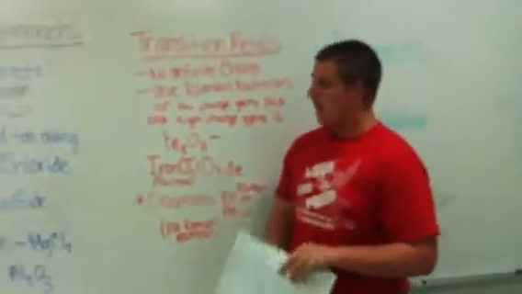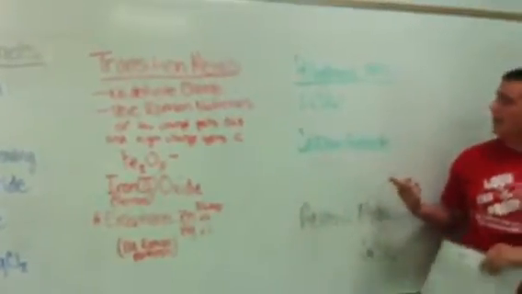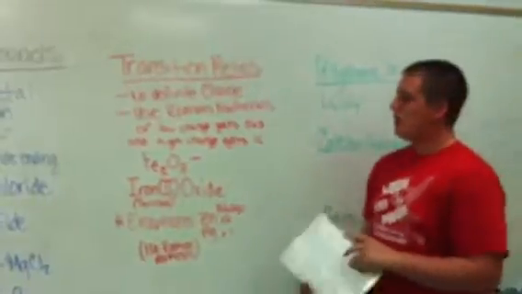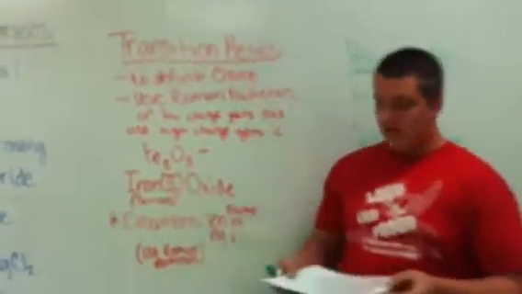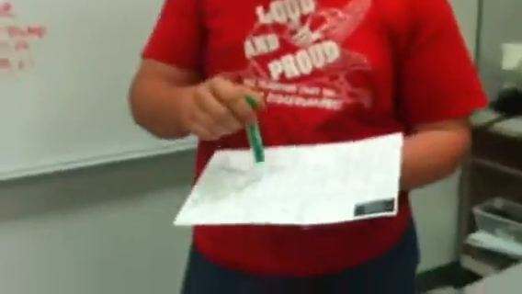Hello, I'm Dakota, and I'm going to talk about transition metals and polyatomic ions. Transition metals have no definite charge because you use the S block and the D block, and that's where those metals are.